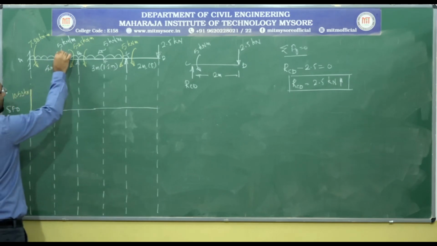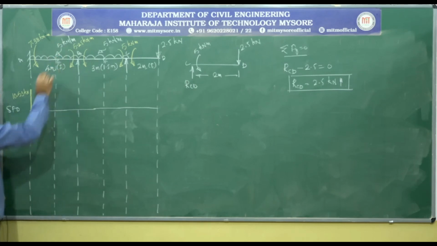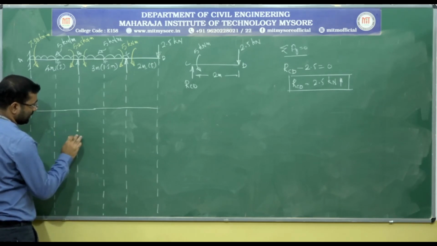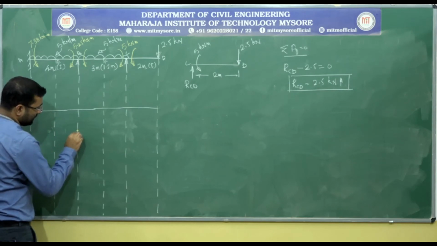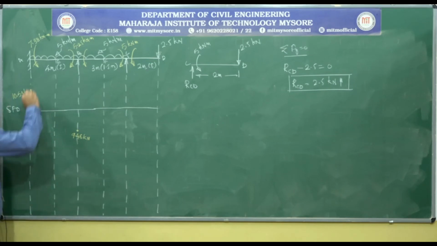10.53 minus this load, that is 10.53 minus 5 into 4, gives you a negative value, that is minus 9.46. As it is negative, I am marking it on the negative side, minus 9.46 kilonewton.